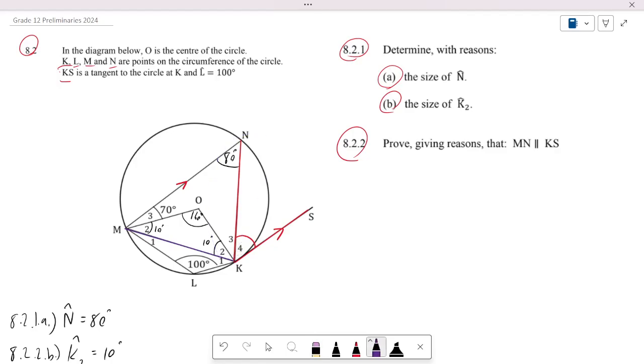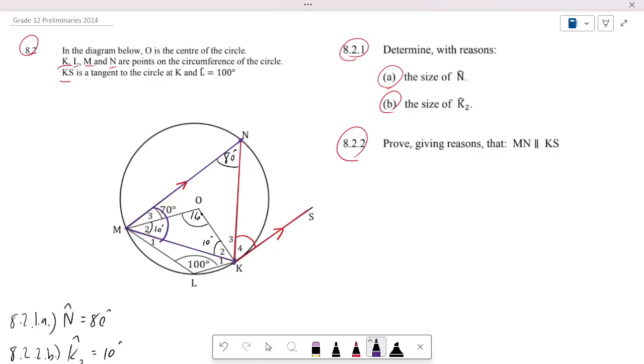So we mustn't focus too much on the tangent here, but look at the chord from two points on the circumference. We can see there's a point here and a point here on the circumference from that angle that we are trying to find, which is K4. Then we need to look at the angle that is subtended to that same chord from the points on the circumference, which is going to be this angle over here. Can you see that over there? And that is our tan chord theorem.